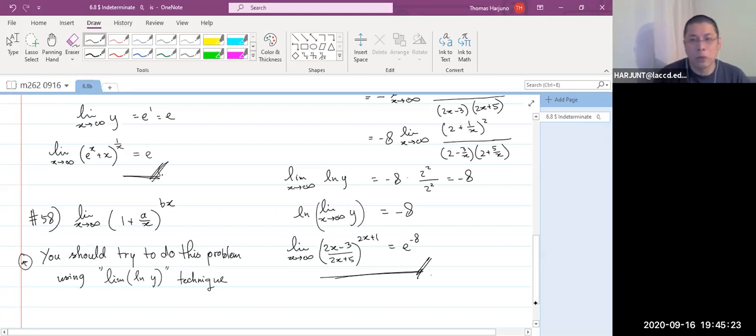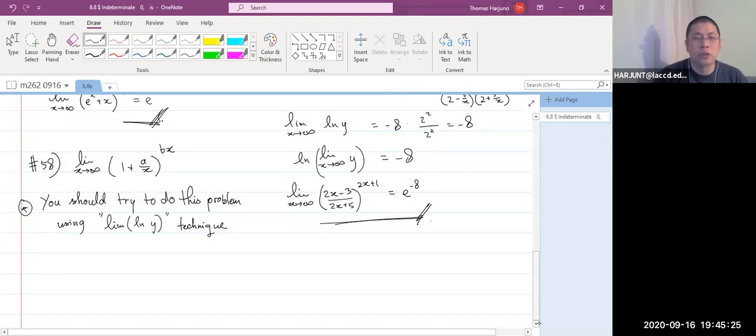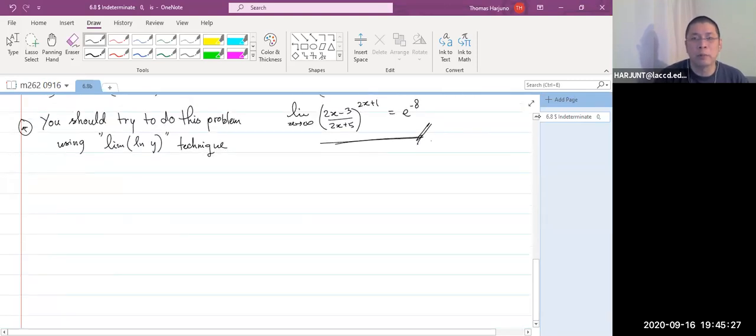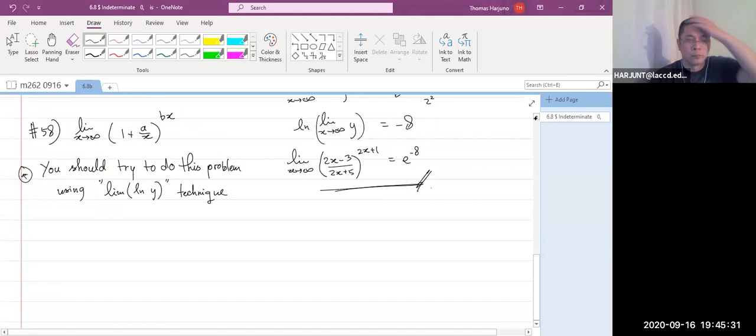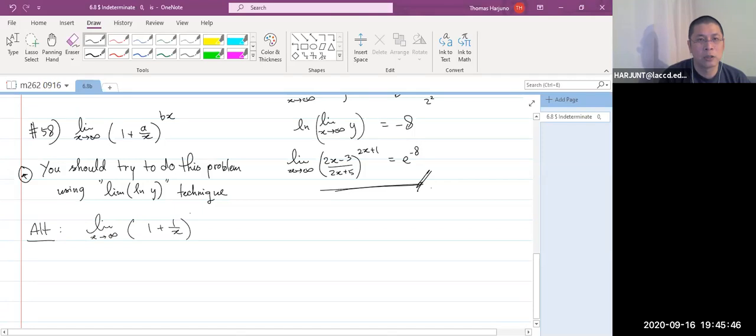Now, I will show you how to do this problem, number 58, without using limit law. Okay, alternative method: we memorize that the limit as x goes to infinity of 1 plus 1 over x to the x equals e to the 1.